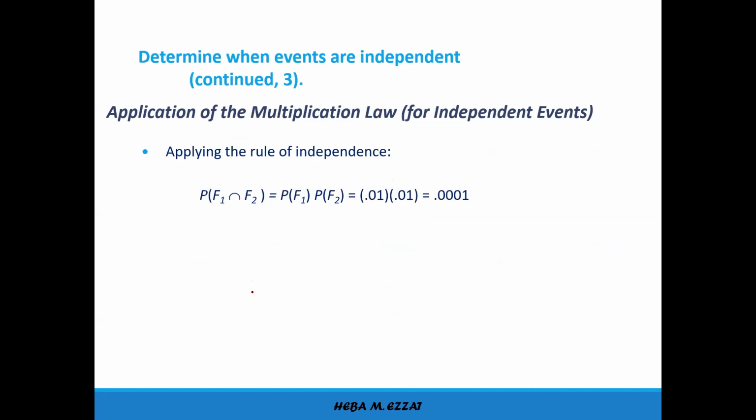So to apply the rule of independence, we would say that the intersection between failing in the first server and the second server would equal the multiplication of their individual probabilities, and in this case it will equal 0.0001. And here it's calculated: the probability that they won't fail is 1 negative this.